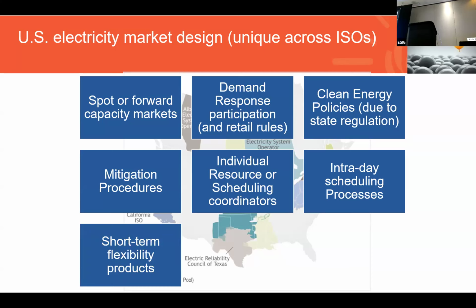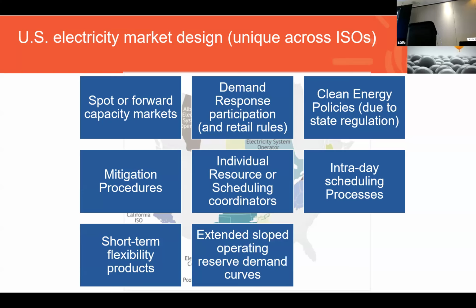Whether they have short-term flexibility products is a big difference. A few ISOs have what are called ramp products or flexibility products. Others don't, and they have different definitions of what those are. I talked about shortage pricing. Reserve shortage pricing exists in all of the ISO markets, but how that shortage pricing is developed differs.